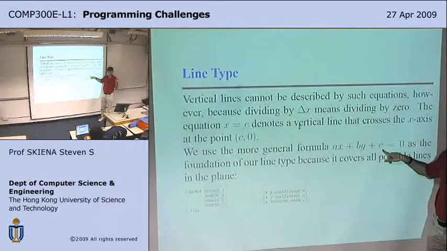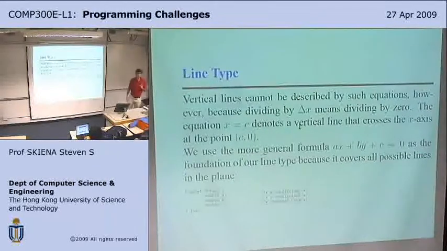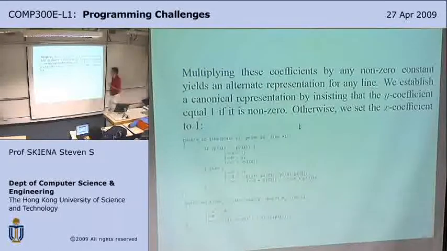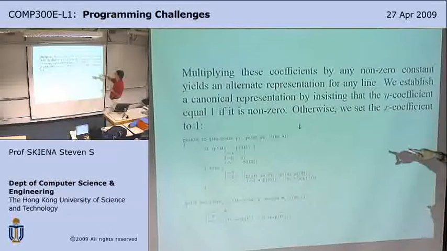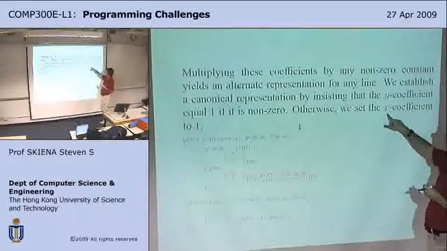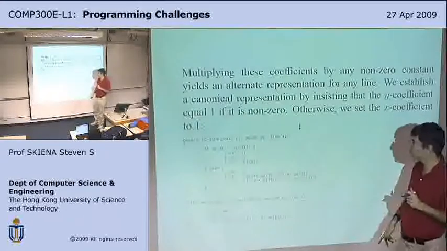So it's no longer a canonical representation. In principle, testing if two of these things are the same is no longer quite as trivial, unless you fix a canonical representation. That's what I do in my line type: I make it canonical by insisting that the y coefficient is 1 if it is non-zero, and if y is equal to 0, then I set x equal to 1. Always.